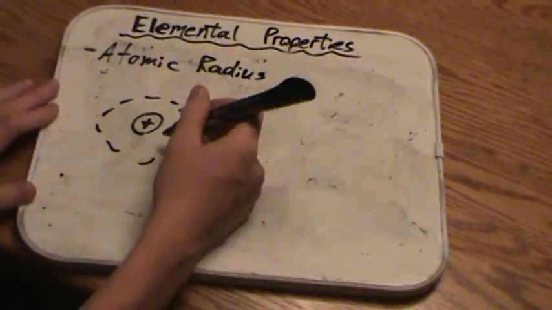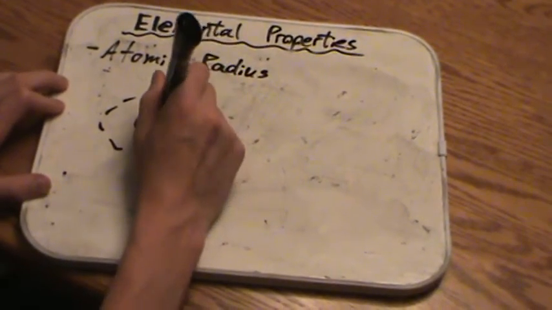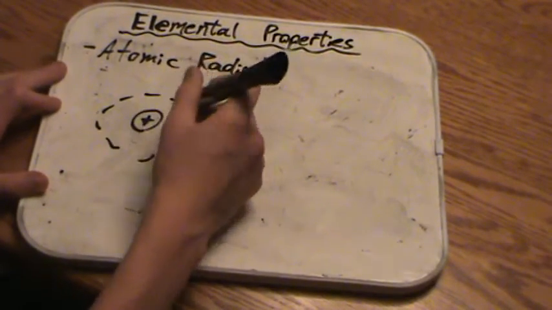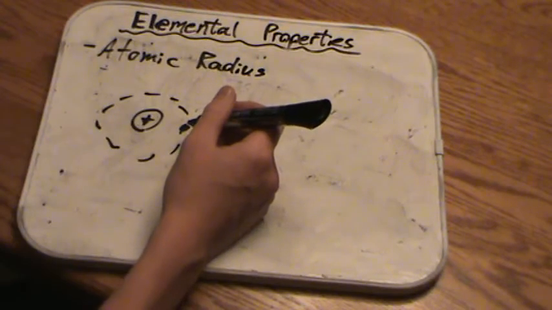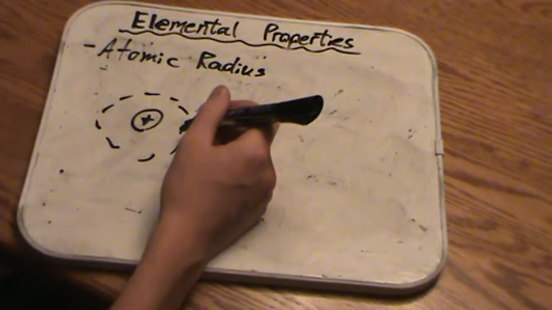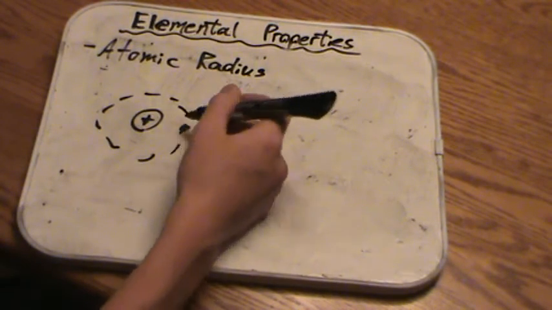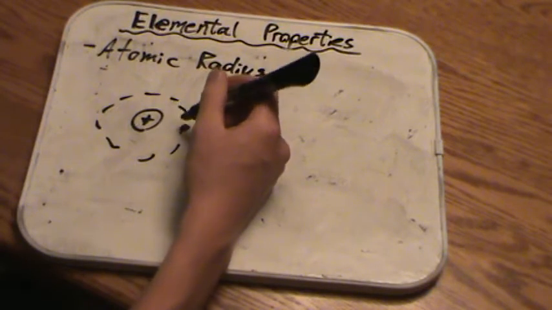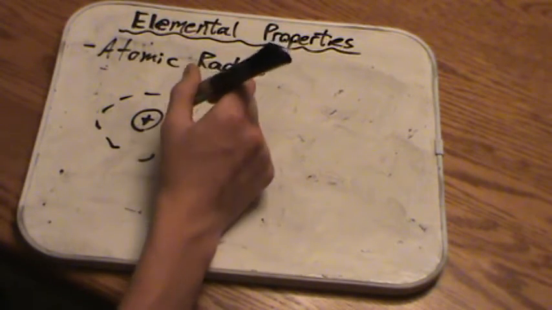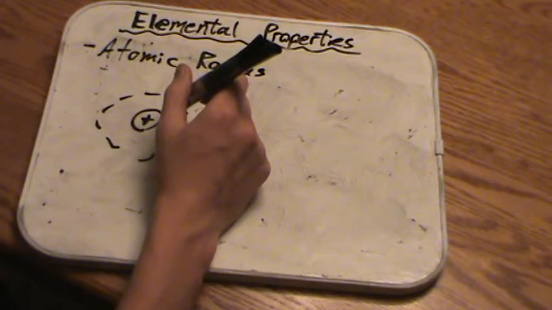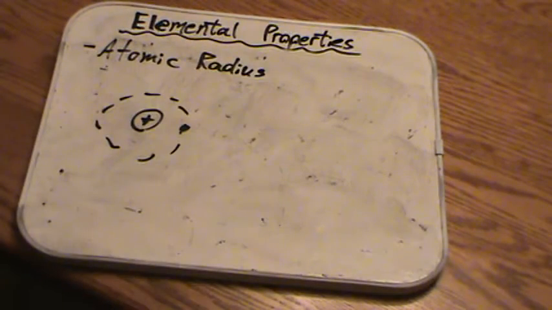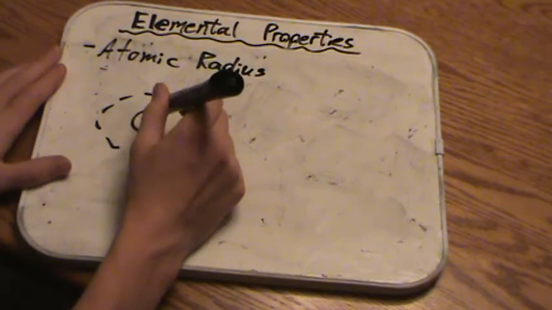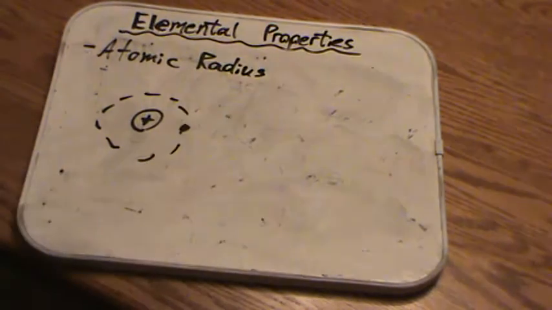Let's draw a hydrogen atom. In the hydrogen atom, which would have the smallest, sorry, not the smallest, helium has the smallest, and we will talk about why in the next video, but it will have a very small atomic radius relative to other atoms because it only has one energy level. So it will have a lesser distance between the middle of the nucleus and the outside of the atom.